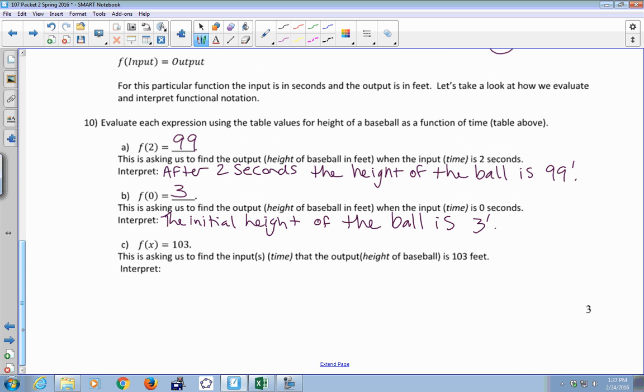In this case, I would write as a solution to this equation, x equals 2.5. And then to interpret it, I would say the height reaches 103 feet after 2.5 seconds.